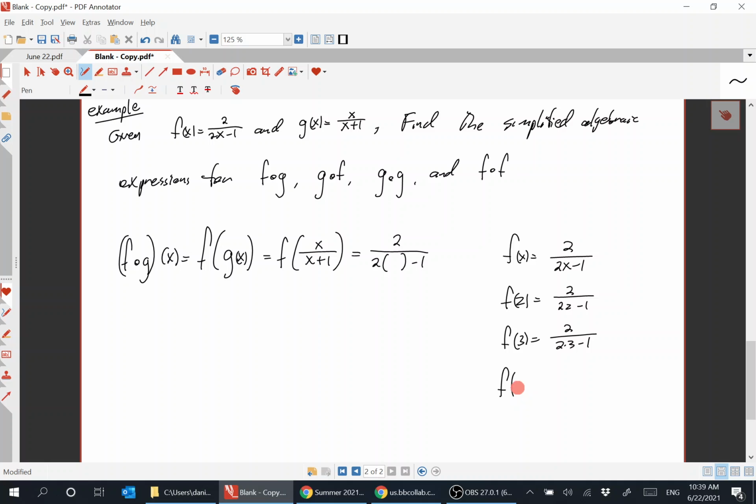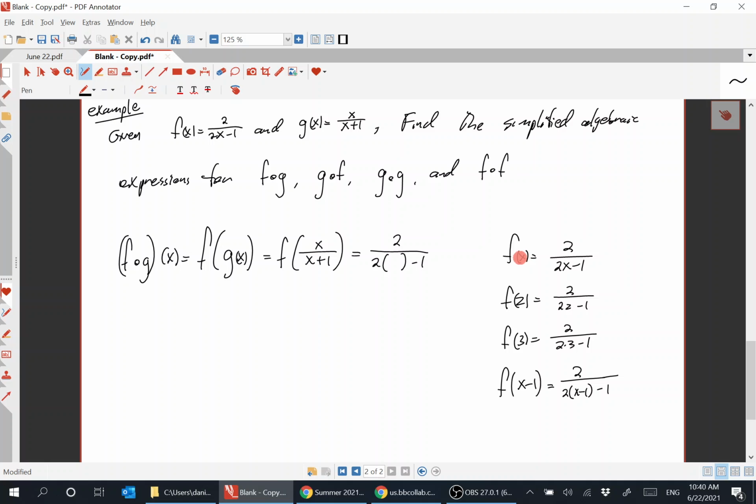So f of, say, x minus 1 is equal to what? 2 over 2 times what? Minus 1. X minus 1. Yeah. What goes in the blank is right here. Right? F of x, 2 over 2x minus 1.